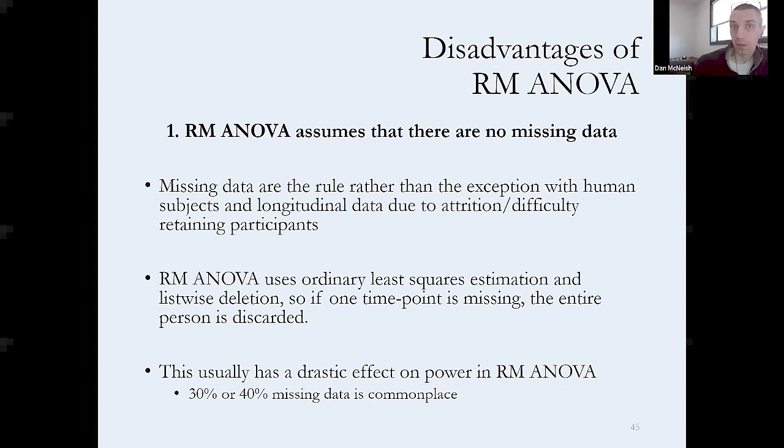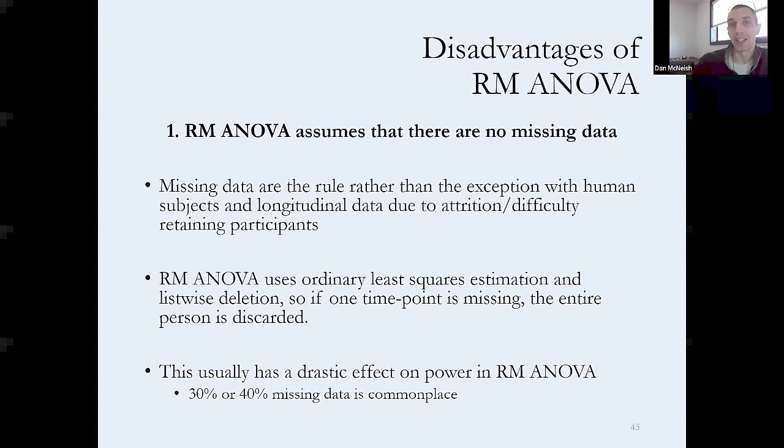But because repeated measures ANOVA is in this more traditional framework, if you have 1 time point missing, you're going to be list-wise deleted. So if I have 9 repeated measures in this data set, if someone gave me answers for time 1 through 8, but didn't show up for time point 9, I'm going to lose all of that person's data if I were to use repeated measures ANOVA.